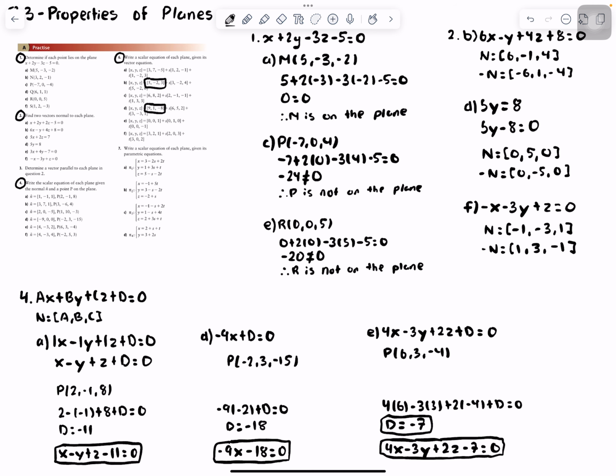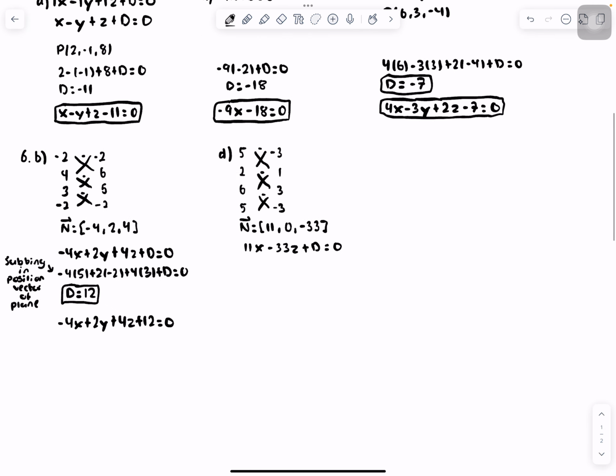9, 1, negative 8. Okay, so 11 times 9 minus 33 times negative 8 plus D equals 0. D equals 11 times 9 minus 33 times negative 8. 363, so it's going to be minus 363.